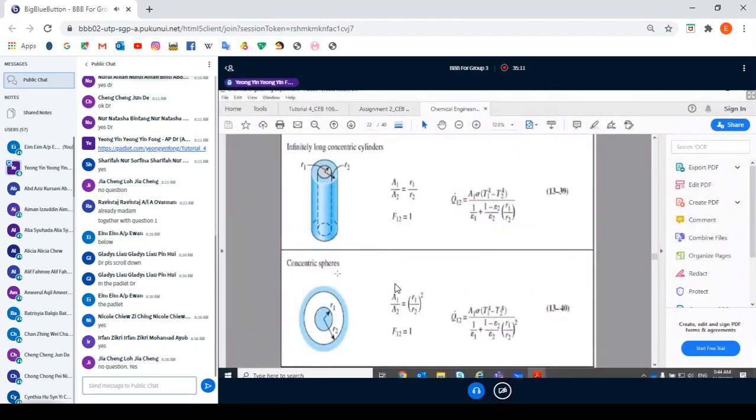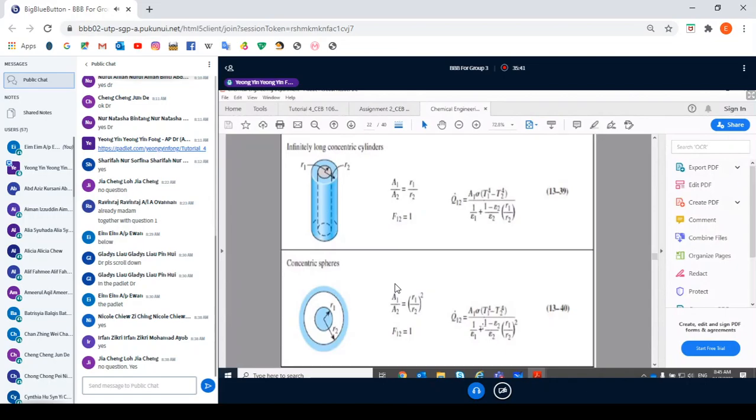Yeah, this is the one: concentric spherical objects. So you need to call out equation 13.40. It's a spherical tank, heat transfer between the surfaces, in an enclosed space. Then you need to refer to these equations.